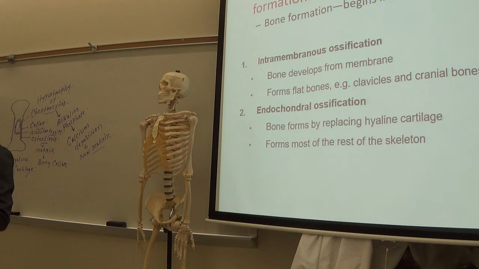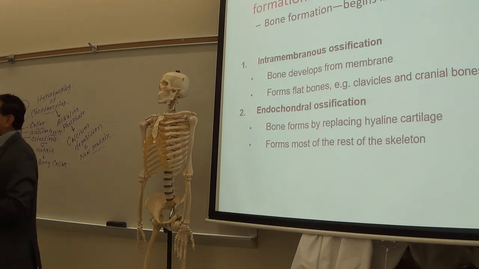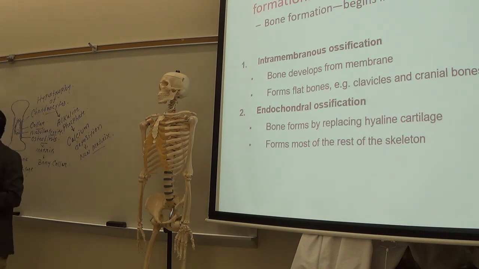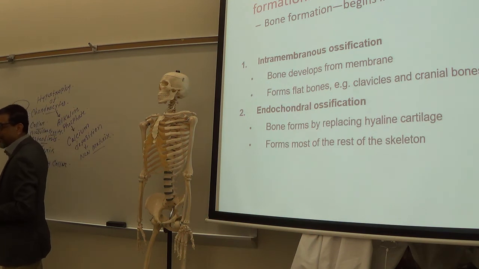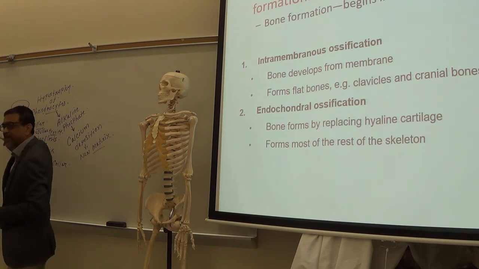Then what will happen next? Cartilage is avascular, right? No blood vessel. But bone has blood vessel. You know that, right? So when it was a cartilage, there was no blood vessel. But now, since it is becoming bone, the blood vessel must enter. Make sense?